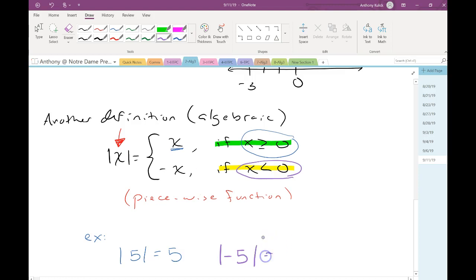So what this tells me then is I want to do negative of -5, which is +5, right? So it's just like a fancy technical way of describing what it is that we said in words, it just gets rid of the negatives. Okay? So don't be freaked out if you see this. It's just the algebraic representation for the absolute value gets rid of negatives. Everybody okay with that?